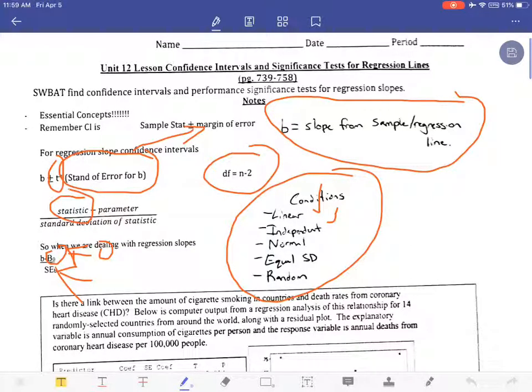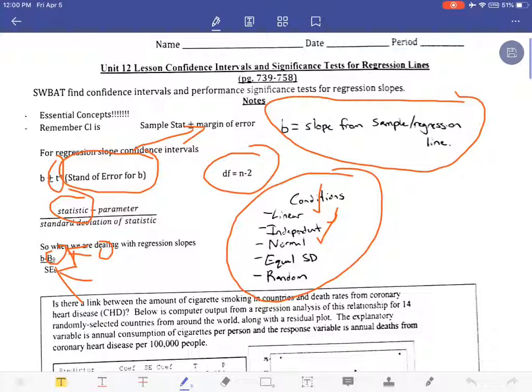Normal: to determine if it's normal or not, you want to look at a histogram or scatter plot of the residuals to see if it's approximately normal. If they don't give it to you, you can just assume that it's normal. You don't have to graph out a histogram of the residuals just to check that one condition. On the problems from the textbook that we're going to be doing today, they don't show you that graph, so we're just going to assume that it's met.